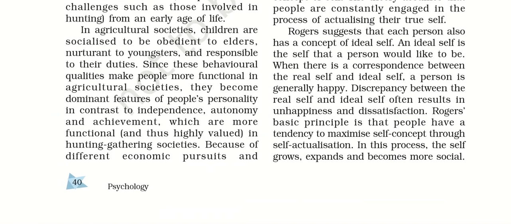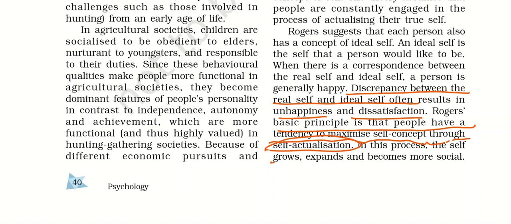If you read here, it says discrepancy between the real self and ideal self often results in unhappiness, dissatisfaction. Rogers' basic principle is that people have a tendency to maximize self concept through self actualization.